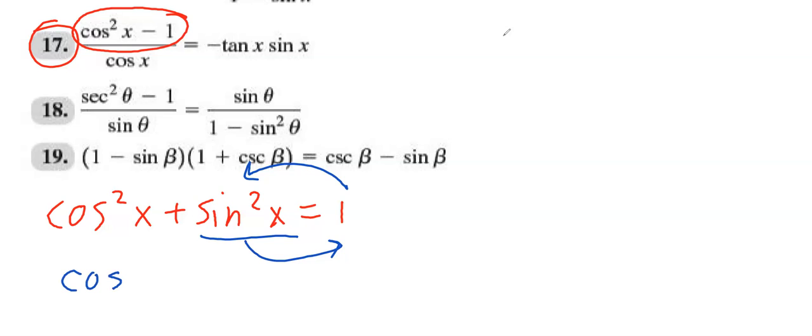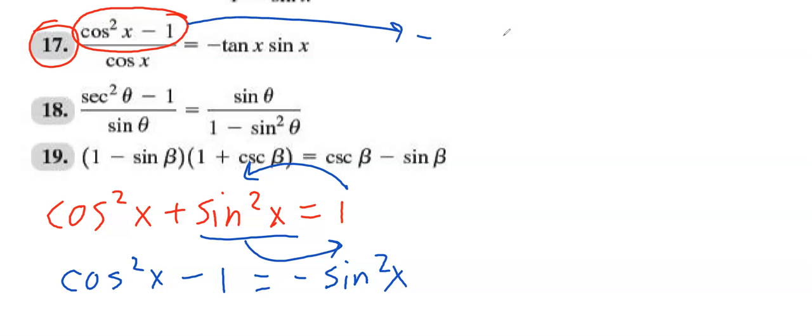So I will have cosine squared x minus 1 equals negative sine squared x. So when you do the substitution, it has to be negative sine squared x, not positive sine squared x. Okay?